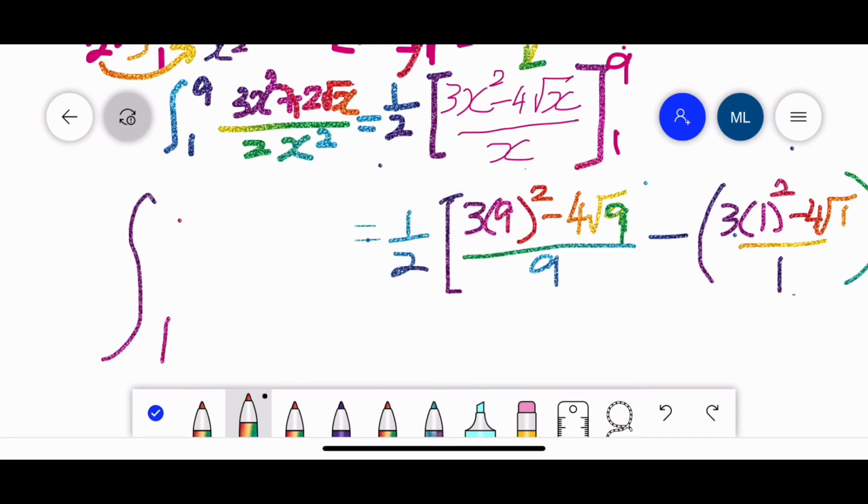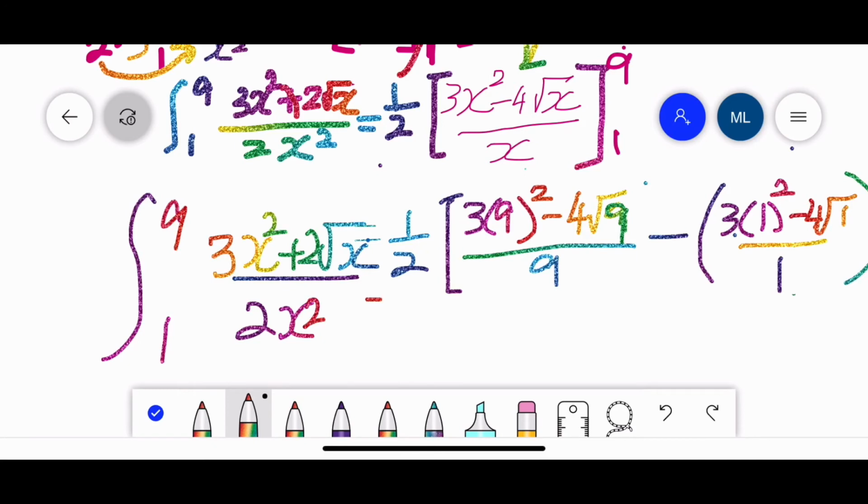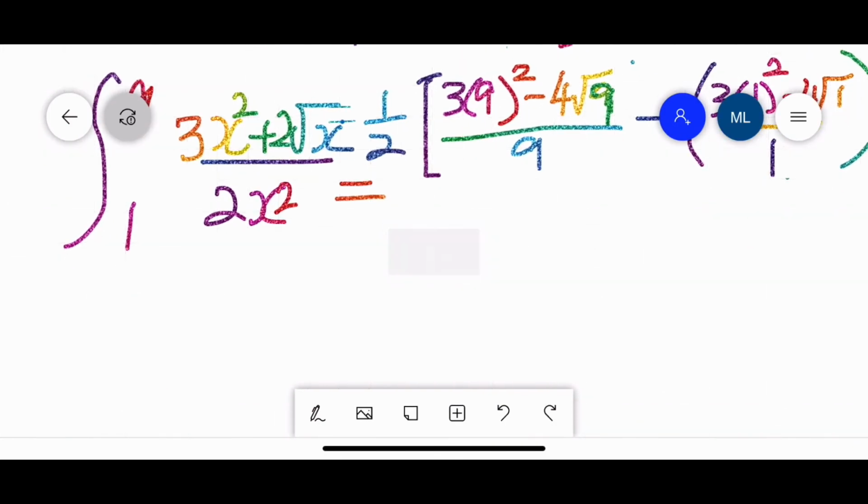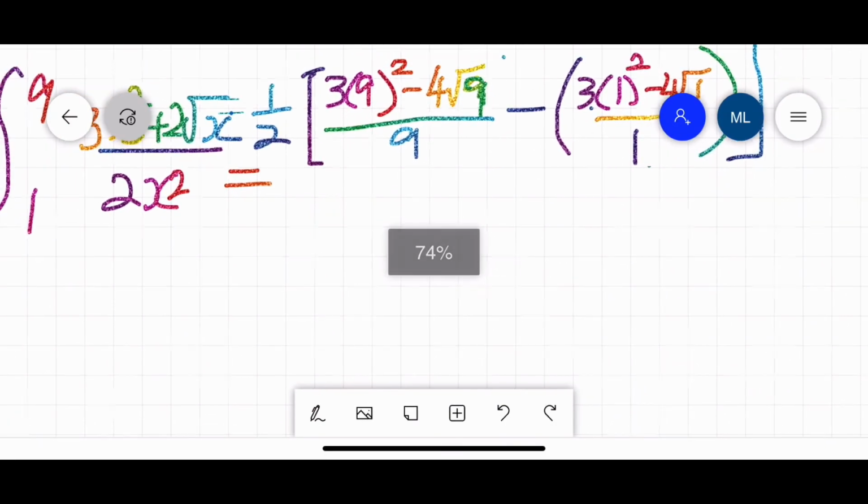So this is actually the integration of 3x squared minus 4 square root x over x, exactly as asked by the question. That is why we have the half multiplied by the bracket there.